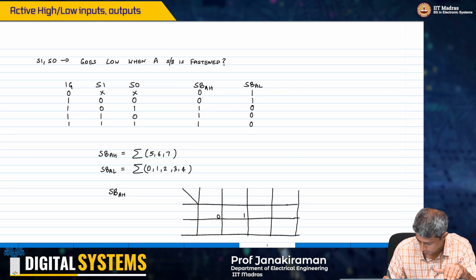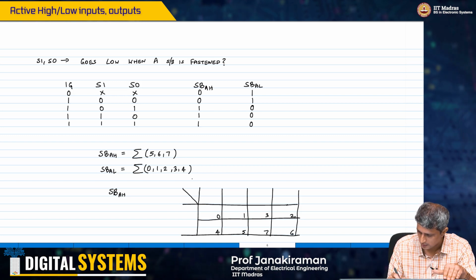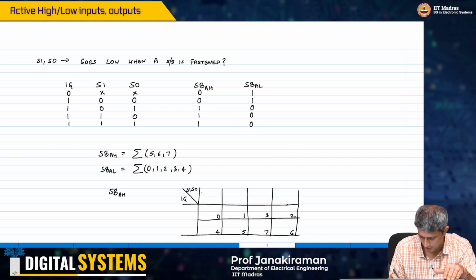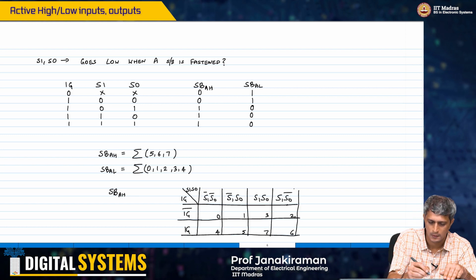So 0, 1, 3, 2, 4, 5, 7, 6. So again this is S1 S0 ignition, right? IG bar, IG, S1 S0, S1 bar, S0, S1 S0, S0 bar.